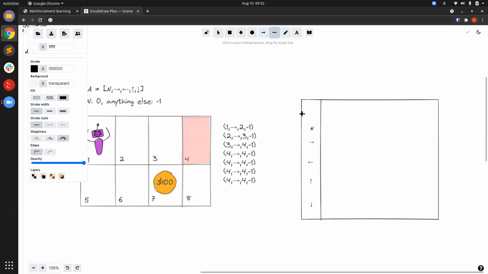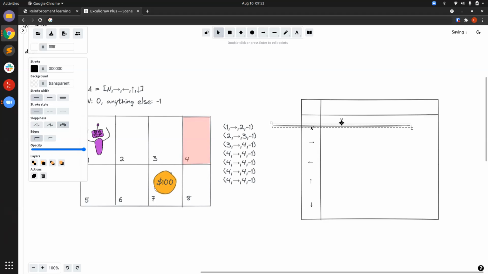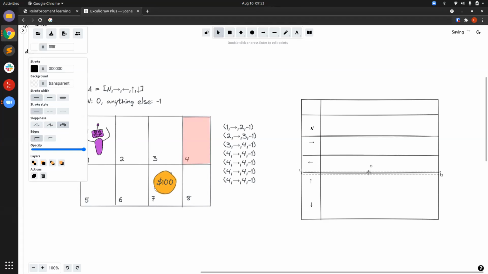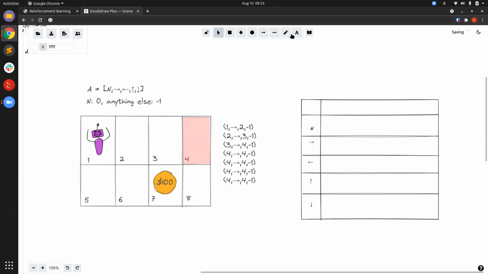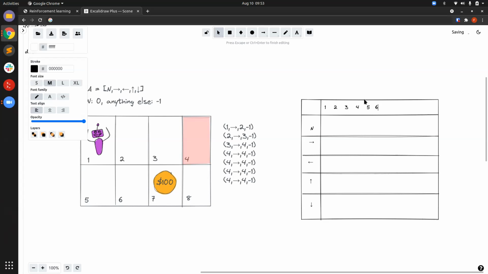And then I have all these different states: state 1, 2, 3, 4, 5, 6, 7, 8.